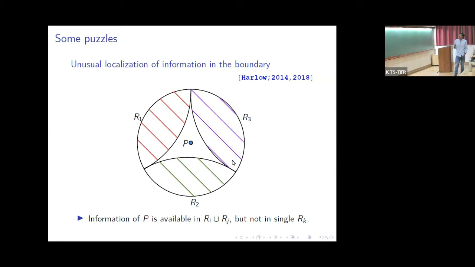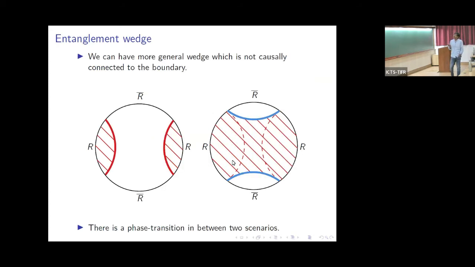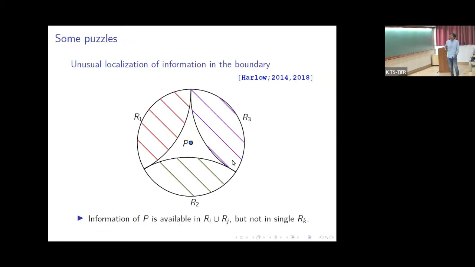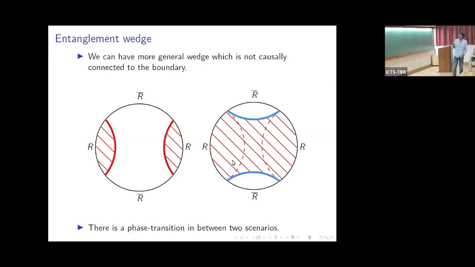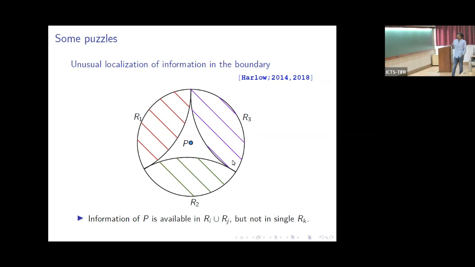Okay, now I will mention some puzzles which have already been studied, but in other contexts. One of the puzzles is the unusual localization of information in the boundary. Let's assume the conjecture of subregion duality is true. Say we are taking a point P in the center.